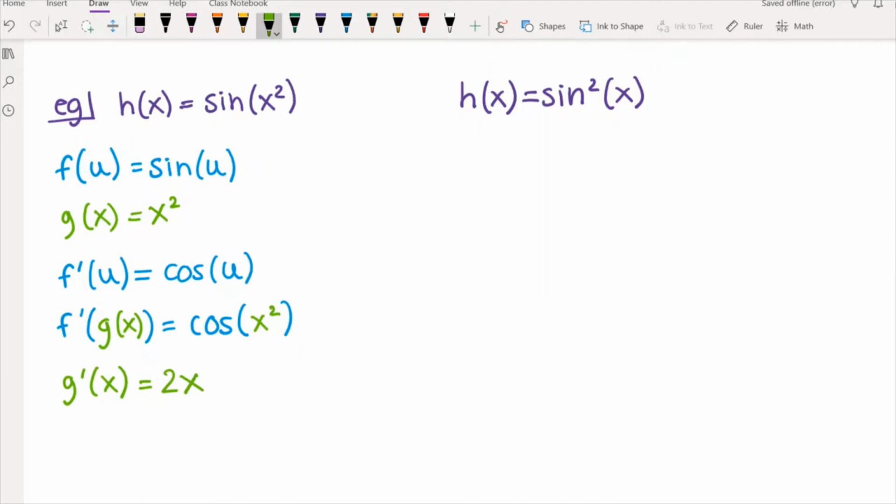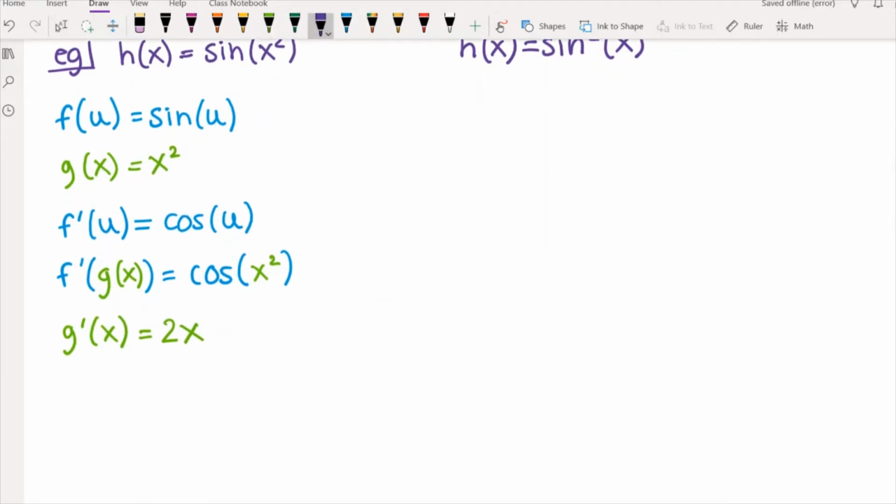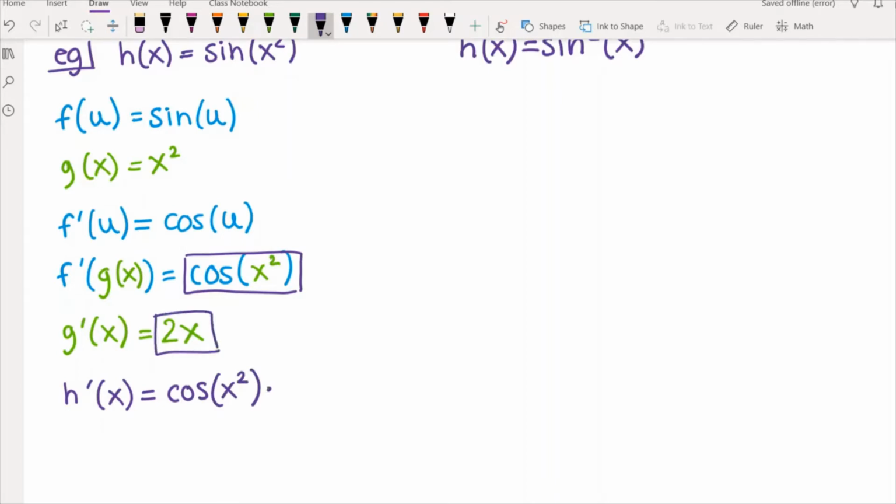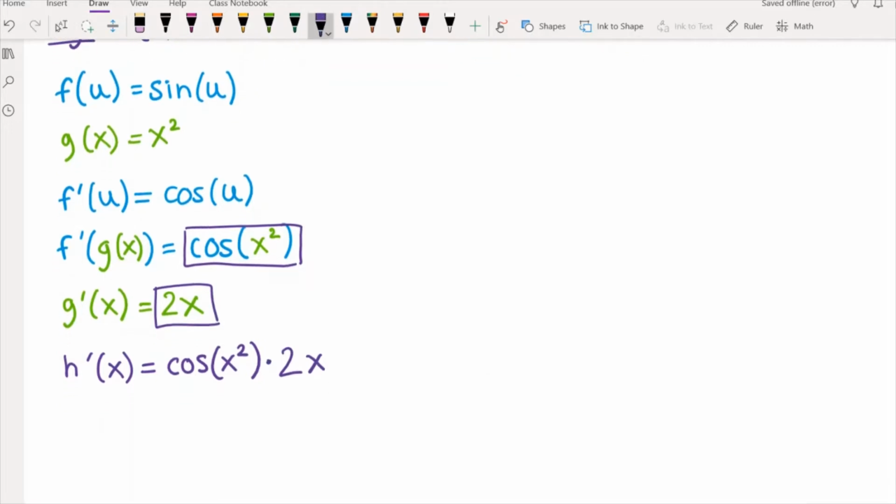And so putting these together, the derivative of h of x is going to be the outside derivative, cosine of x squared, times the inside derivative, 2x. So maybe a slightly nicer way of writing this would be 2x times cosine of x squared.